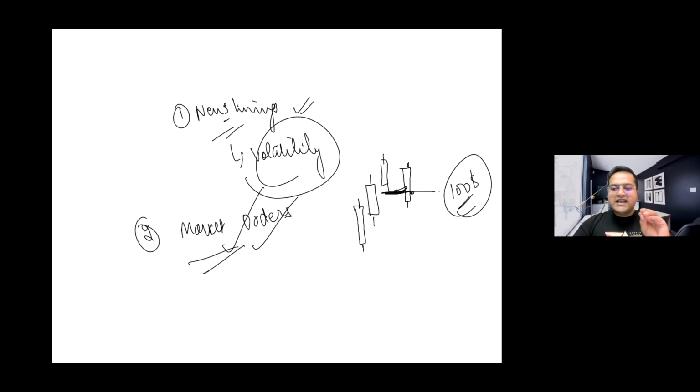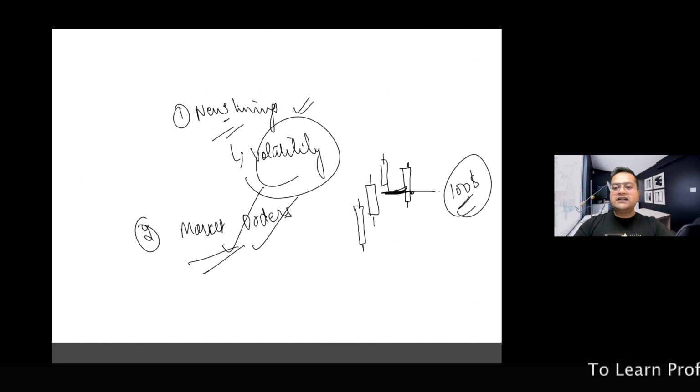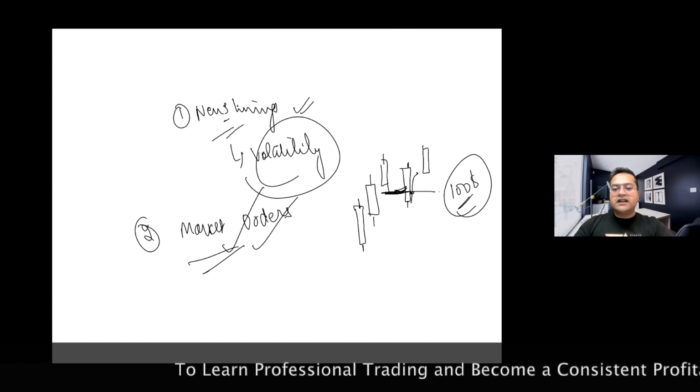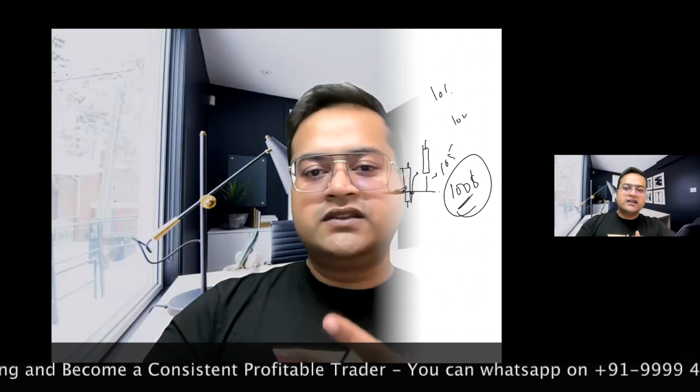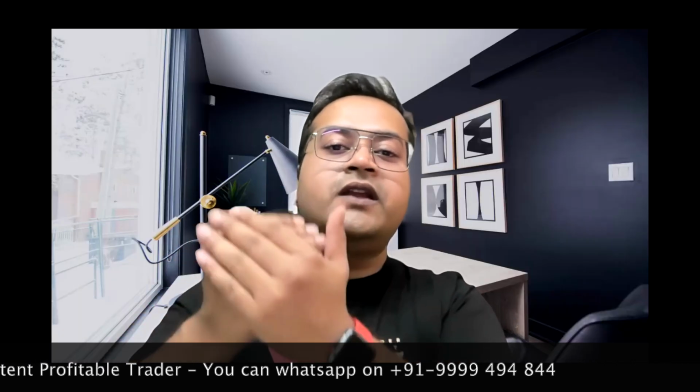Now, here is the point. This is not the exact feed. This is a delayed feed. What will happen most of the time, and you might have also experienced this, is that in the next second itself the next candle gapped up and your sell order was executed at 105, or let's say 102, or 101, or anything. This is majorly because when you put market orders, the feed price and the execution price always have a difference. The candle is being formed by software, the price is getting graphically formatted in front of you.